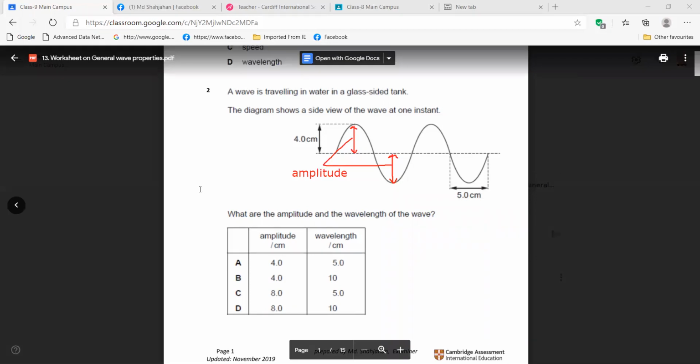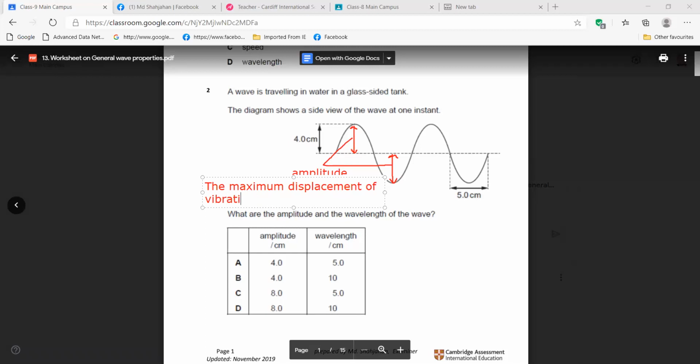I'm writing that also. You write. The maximum displacement. You should be regular in class and you should take notes, then we can save our time.